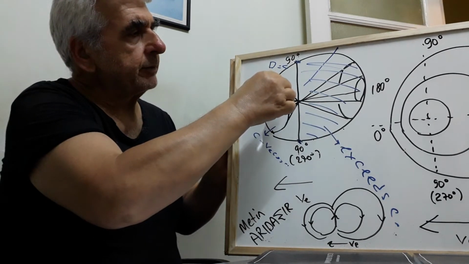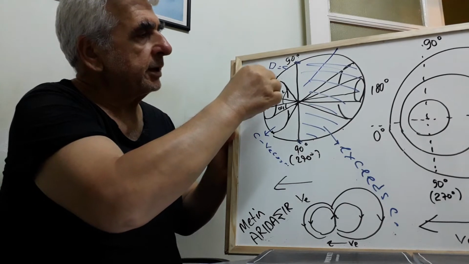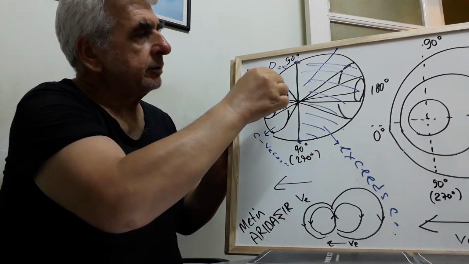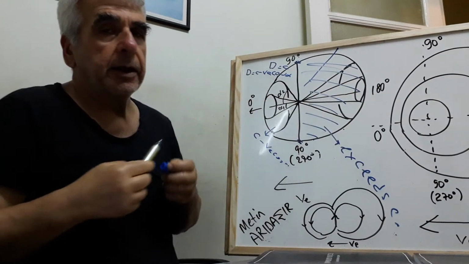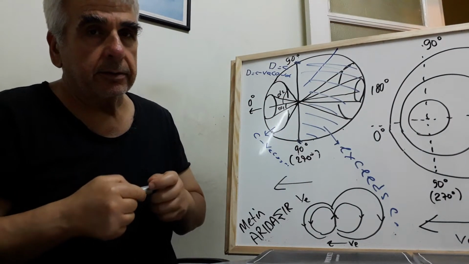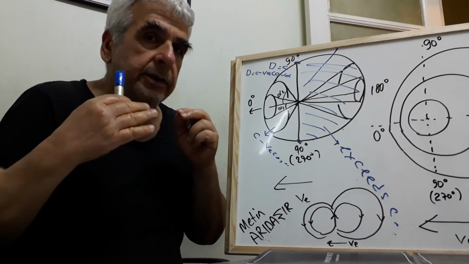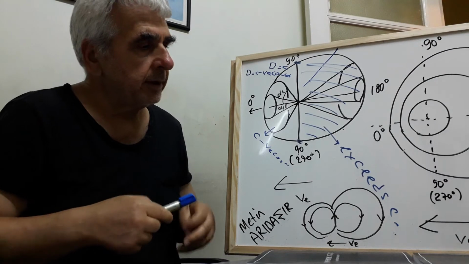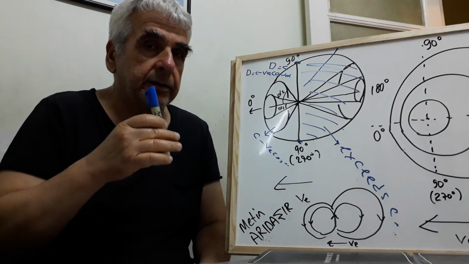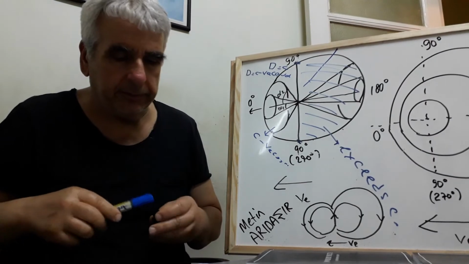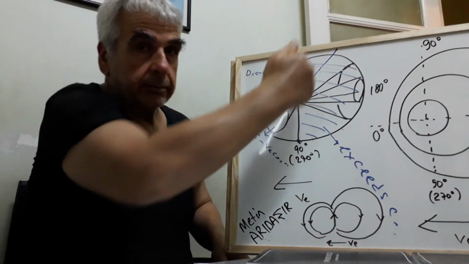At this point different, at this point different, d equals c minus electron velocity cosine alpha. Each point changes. Wave velocity is variable, but frequency is unchanged. Frequency doesn't change. Wavelength is variable.